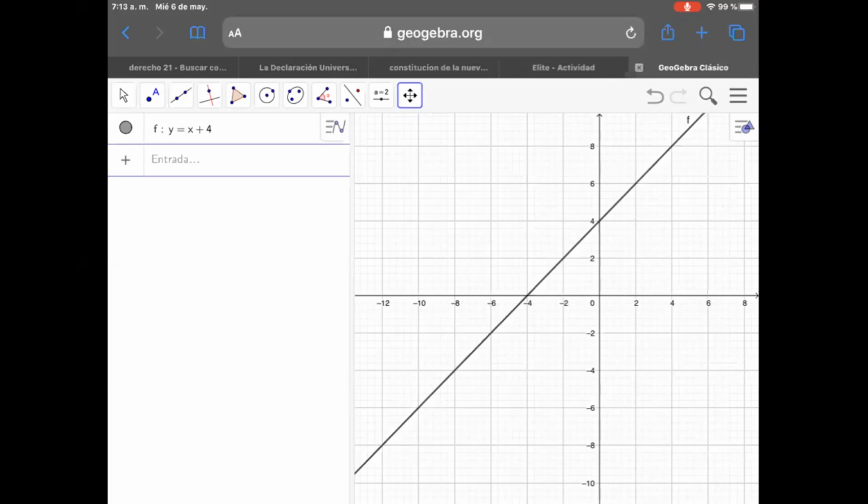Teacher, I need to write. Well, yes, you need to write, but in this moment, you can't do that, okay? What I would recommend is in this moment, you tell us what you can see so we can understand. Okay, I can see that the line is like very, from -4 to 4.